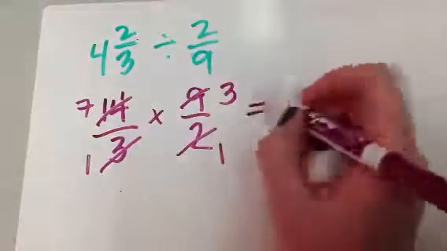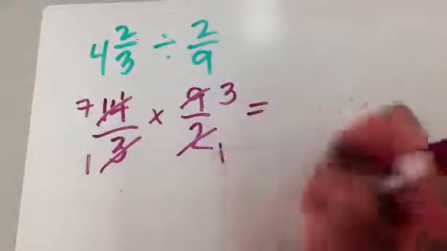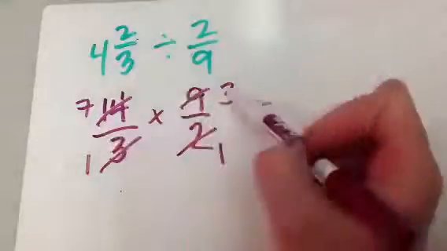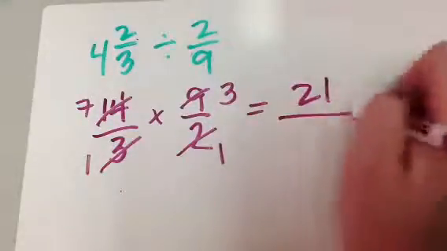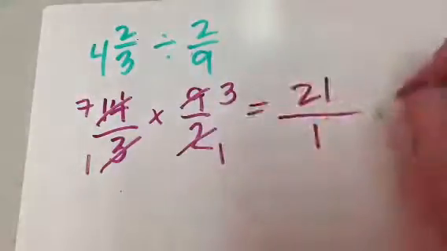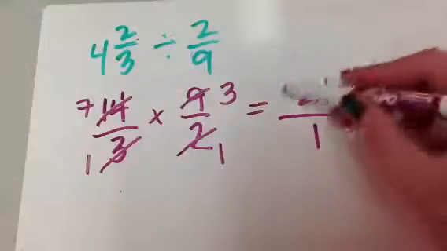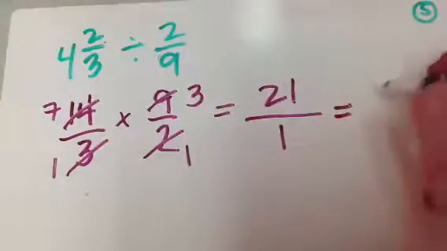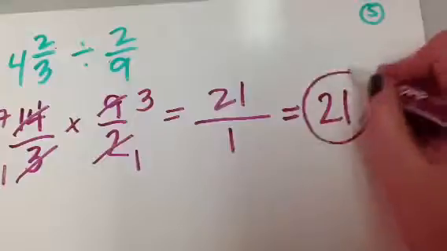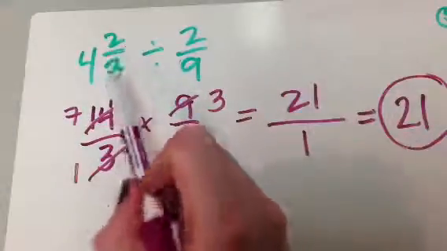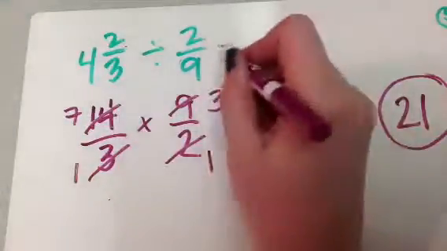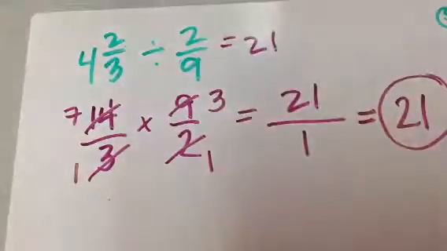And then I just multiply my new numbers, right? 7 times 3, 21. 1 times 1 equals 1. And so again here I have a number over a 1, which means that it is a whole number. So I could say that 4 2/3 divided by 2/9 equals 21.